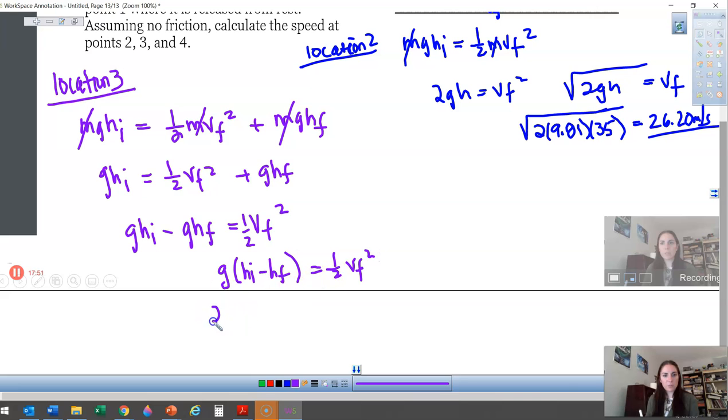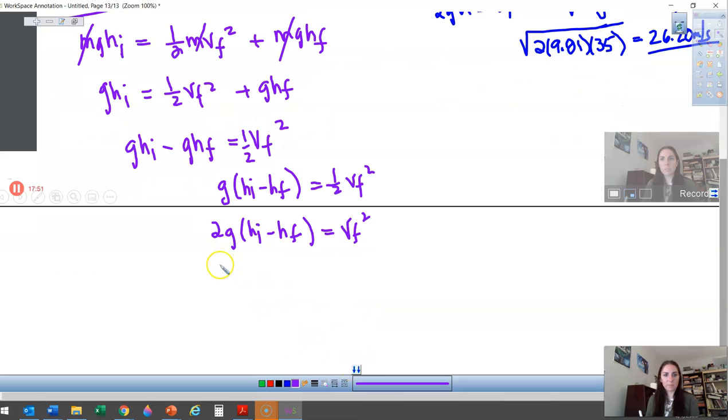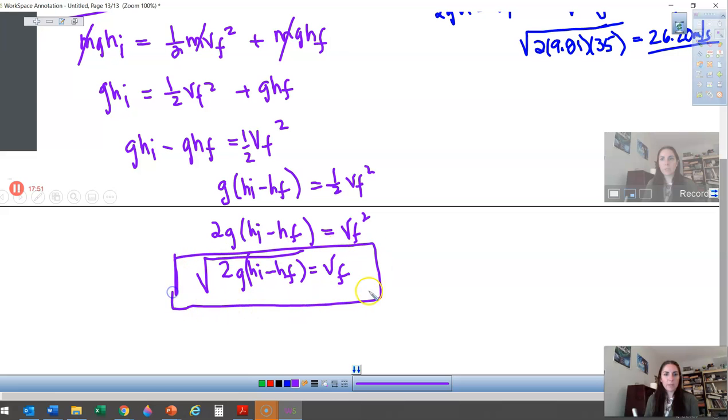And then the 2 can come up. 2g(H_i minus H_f) equals v squared. And then finally, the square root of 2g(H_i minus H_f) equals the final velocity once I square root it. That is our answer. Now, again, I can simplify this even more to show you something cool.